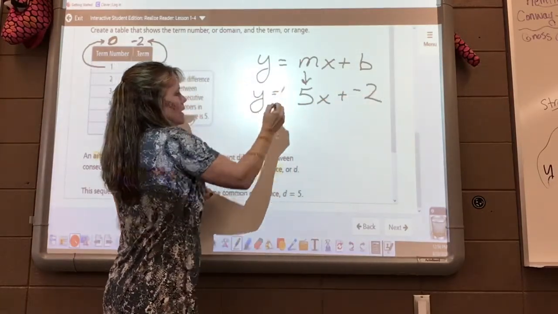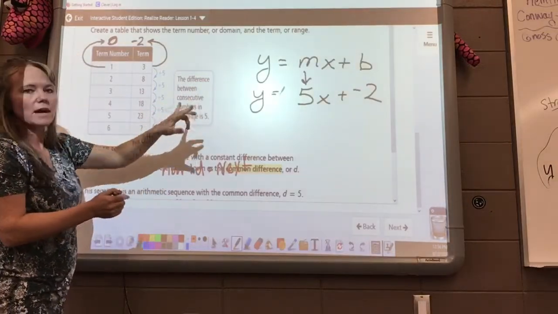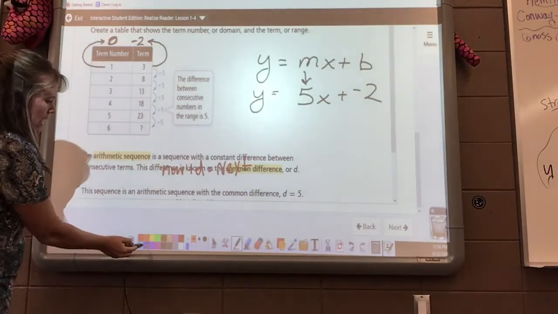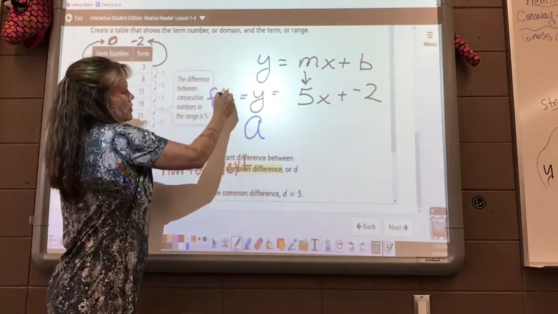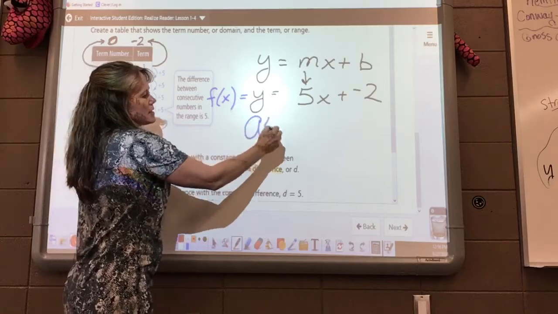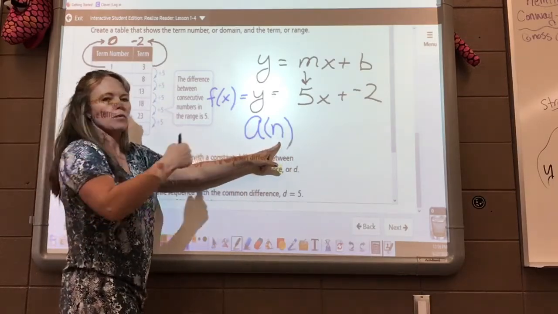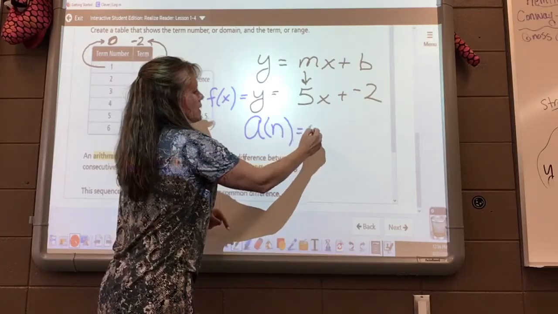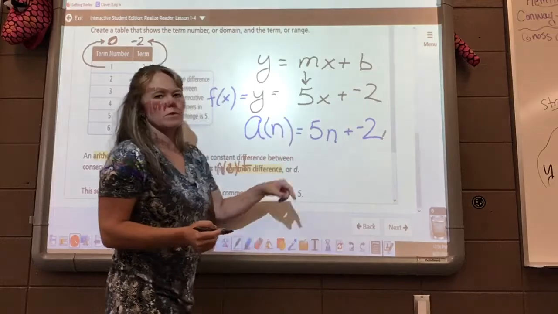So this would be like an explicit formula, but they don't ever use y's and x's talking about sequences. Instead, they'll use a. Let's say this was function notation. Then they would use a for arithmetic and n for what number term you're on. So it might look like 5n plus -2, or 5n minus 2 would be fine.